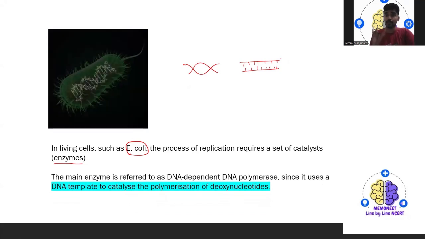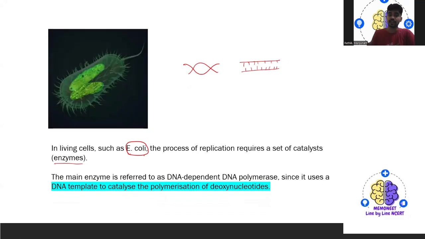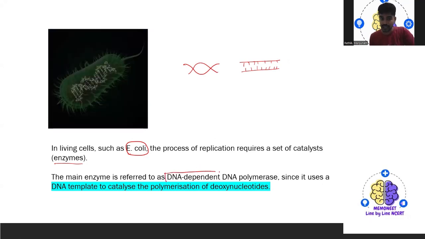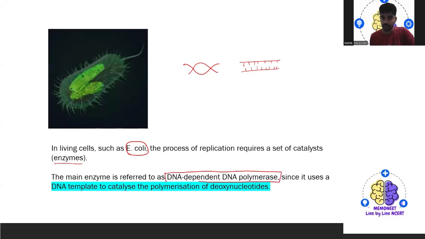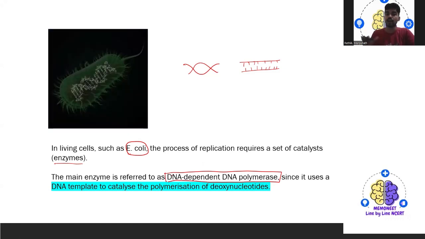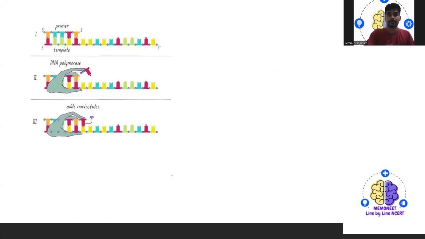The major enzyme, or the main enzyme, is referred to as DNA-dependent DNA polymerase. What is the enzyme name? It is DNA-dependent DNA polymerase, since it uses a DNA template to catalyze the polymerization of deoxynucleotides.